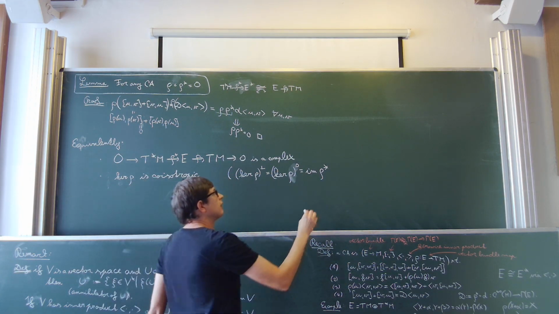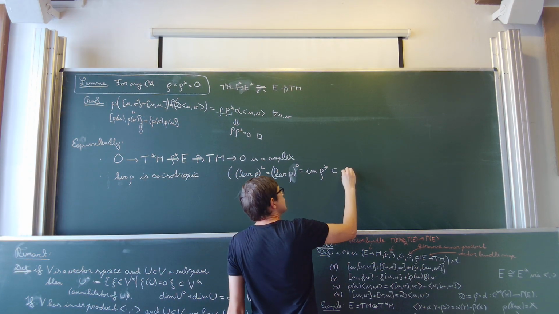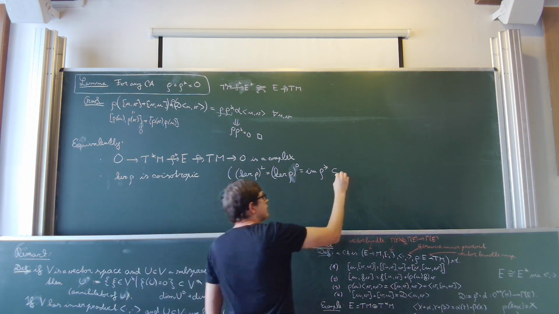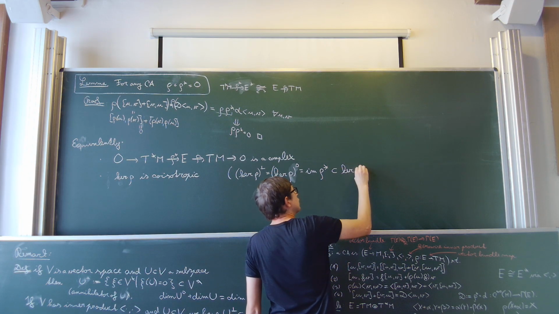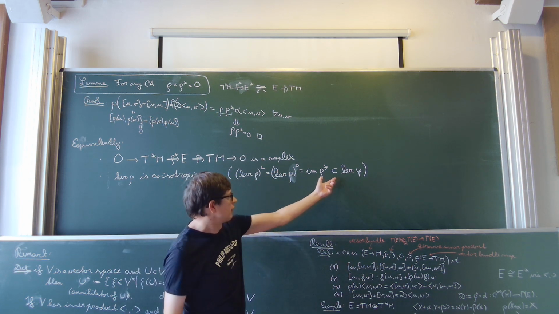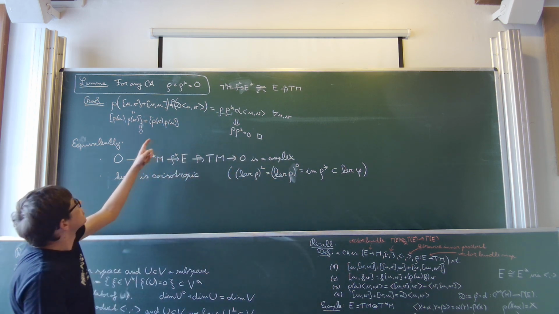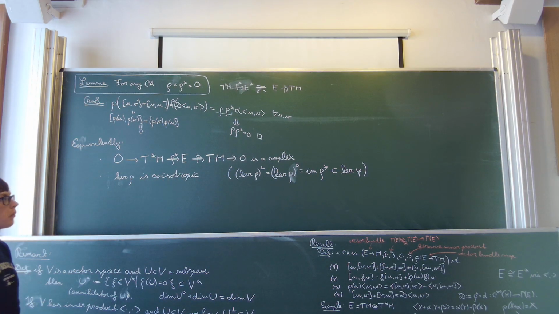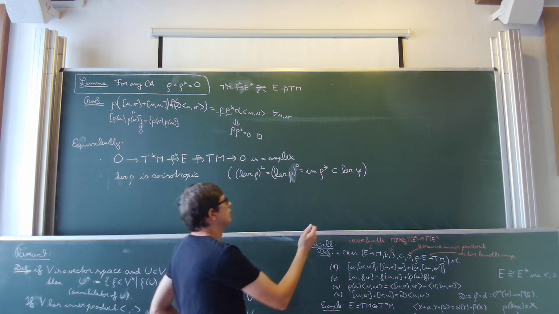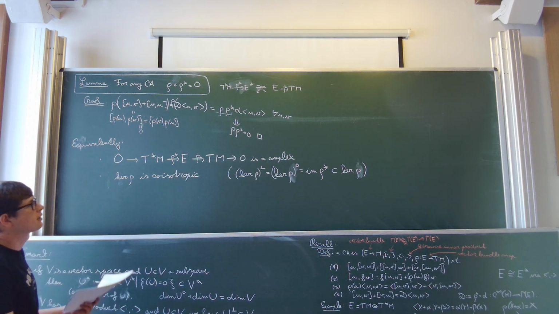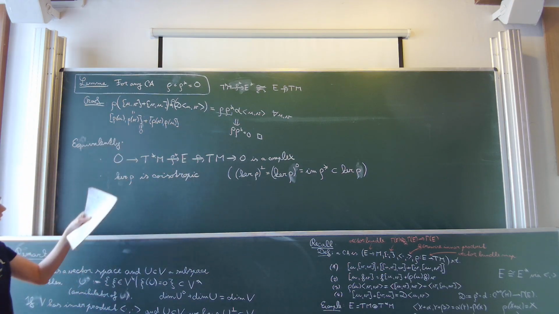So coisotropy is a statement that this space is inside the kernel of phi, and you see that this statement is literally the same as this one: the image of row star is in the kernel of row. So all these three things are equivalent.